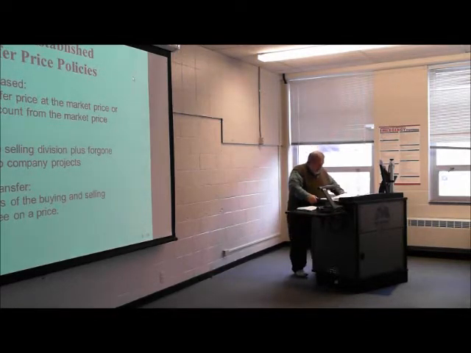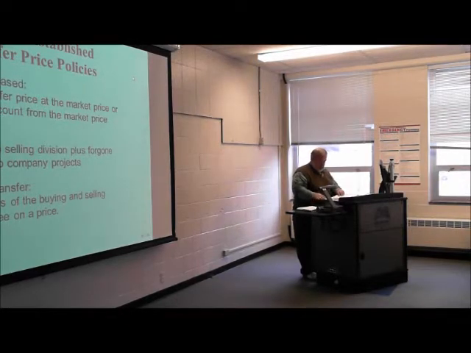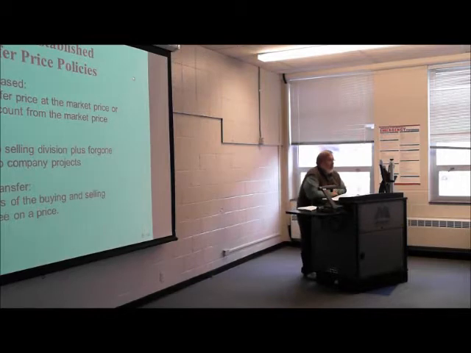And if the division has a better negotiator, they're going to come out smelling pretty. Now, sometimes companies will use a dual price system. A dual transfer pricing system is where you recognize one price for the selling division and another price for the buying division.